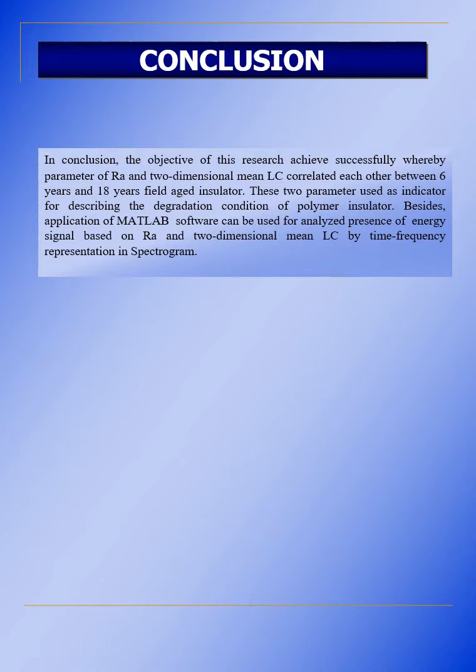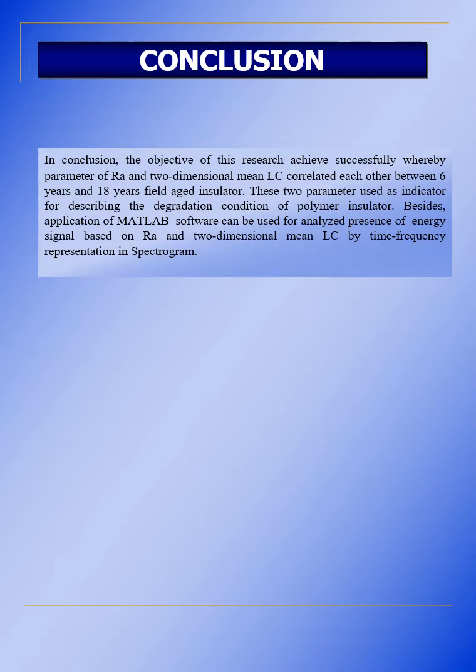In conclusion, the objective of this research was achieved successfully, whereby the parameters Ra and M2D correlate with each other between 6-year and 80-year field age. However, according to the overall result, the leakage current is still not enough to prove the level of degradation of polymer.